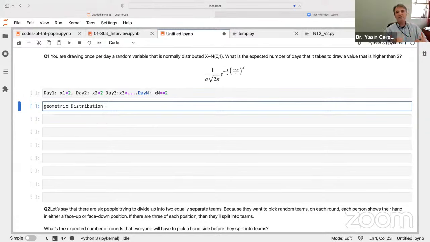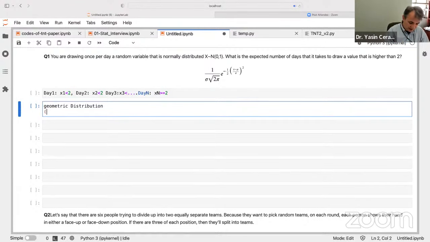So given a geometric distribution, what is the expected number of, what is that, K, right? Until you get to the success. So in the geometric distribution, you have this 1 minus p, and then 1 minus p. So this is the first trial, and then the second trial.